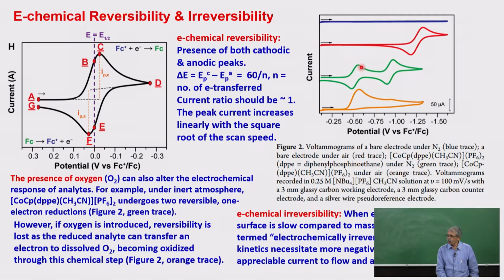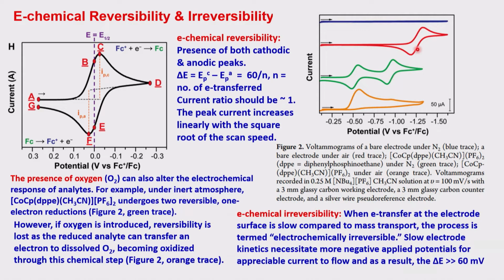So this is called one couple, this is the other couple. There are two couples involved in this particular reaction. That means one electron, again one more electron, and back again. Reversibility is there, and you can see both the peaks very well, and the ratio of the current, if you check, will be close to 1, and therefore they are quite reversible.